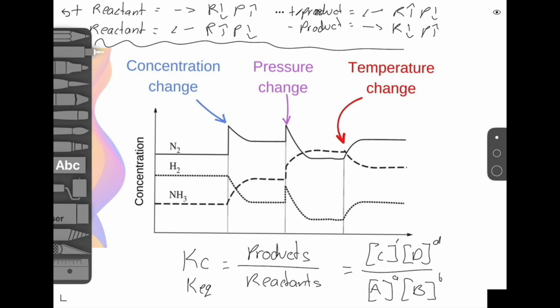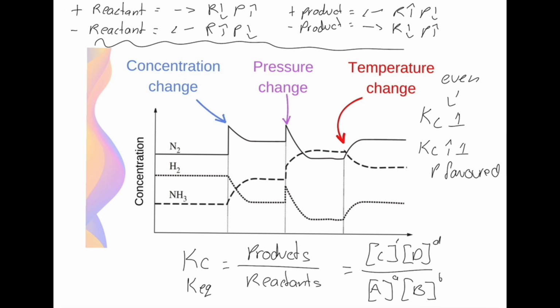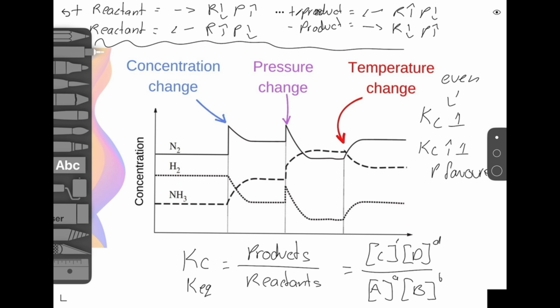So that is the formula for it. And another thing to keep in mind is if Kc is 1, the products and reactants are 50-50, so it is even. If Kc is over 1, so bigger than 1, the products would be favored and it is greater in concentration. If Kc is less than 1, the reactants are greater in concentration.